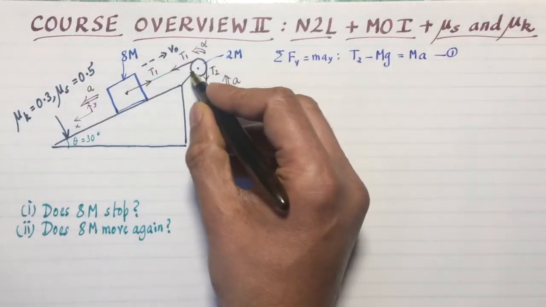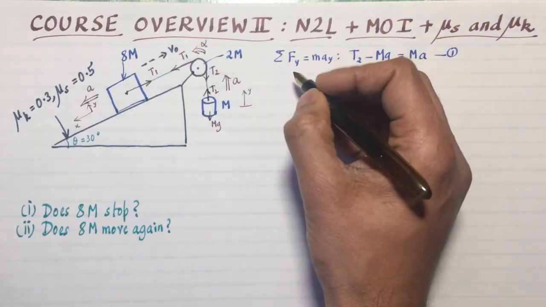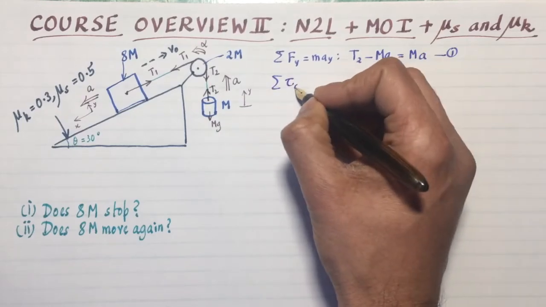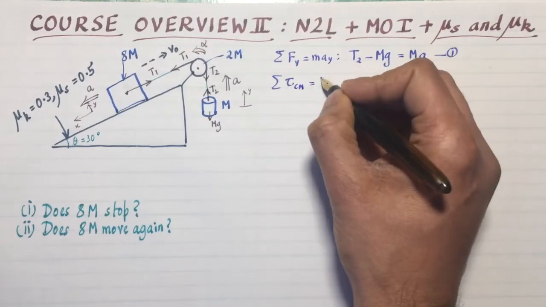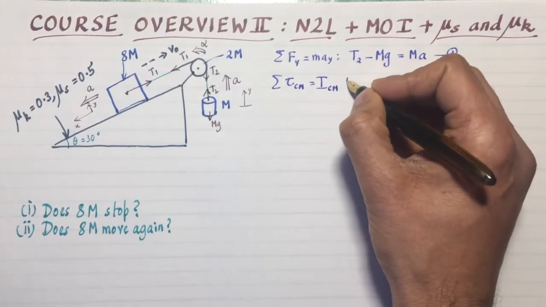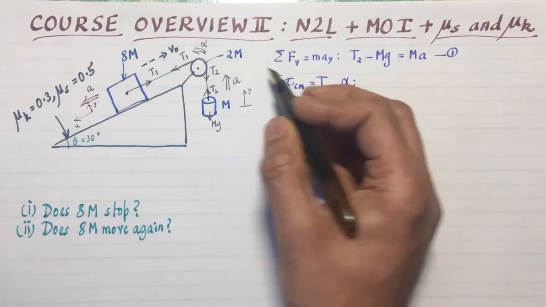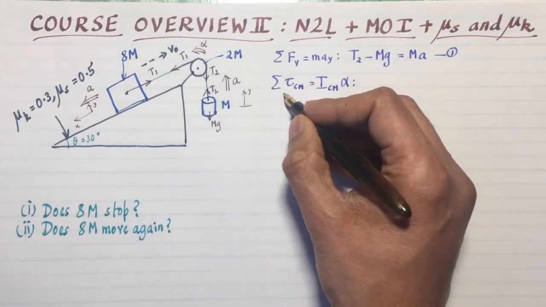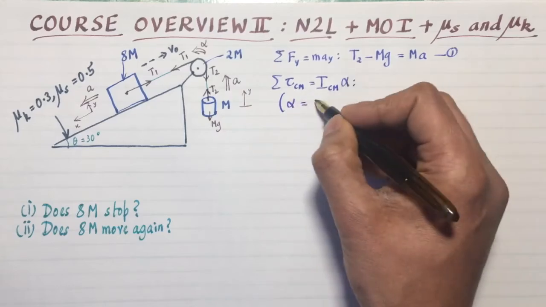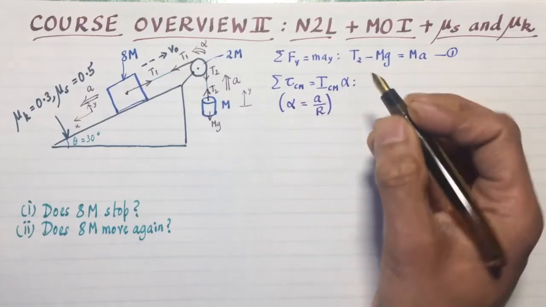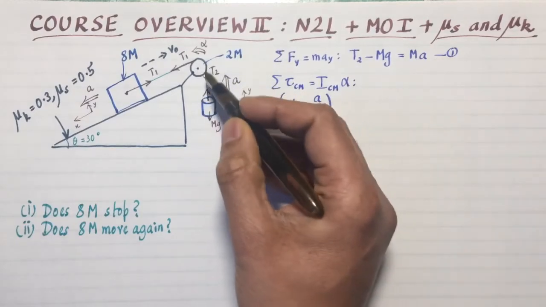Then I have the rotational equation for the pulley by Newton's second law for rotation: the sum of all the torques about the center of mass equals the moment of inertia of the pulley about the center of mass times the angular acceleration alpha. Now here I want to note that alpha is related to a by the no slip condition. So alpha equals a divided by R. Let's just make a note of that because the string does not slip over the pulley.